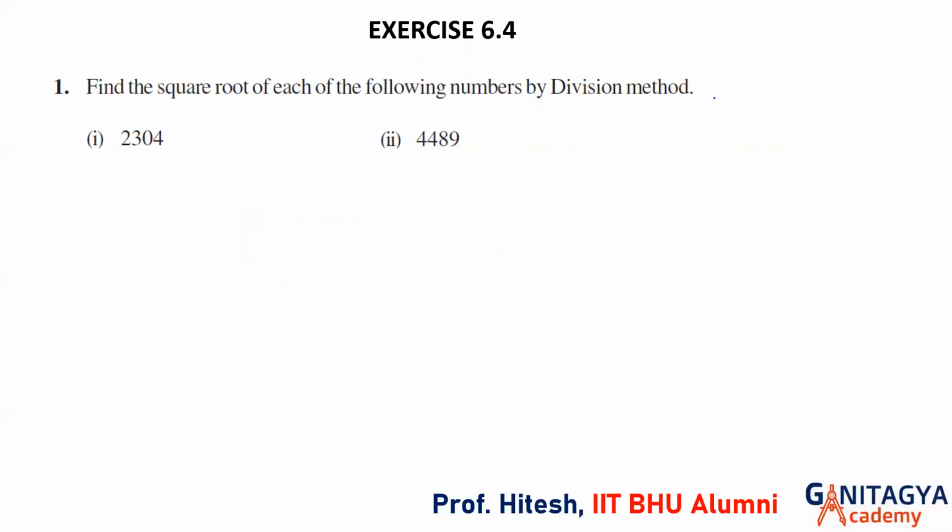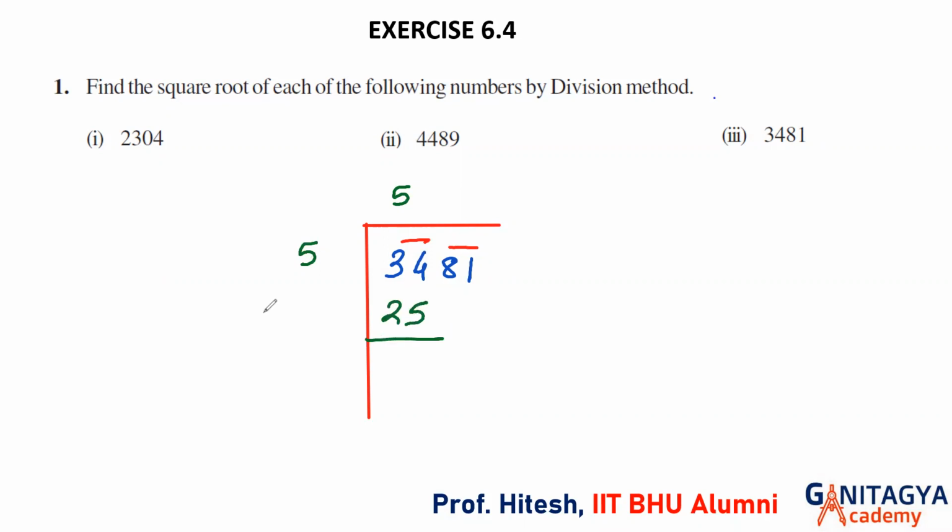Now the third question is the square root of 3481. We will write 3481. From the right hand side we will make a bar for pairs of numbers. First, 5 square is 25, 6 square is 36, so definitely we will take 5. We will put 5 here. 5 square is 25, and here we write double of 5, that is 10.